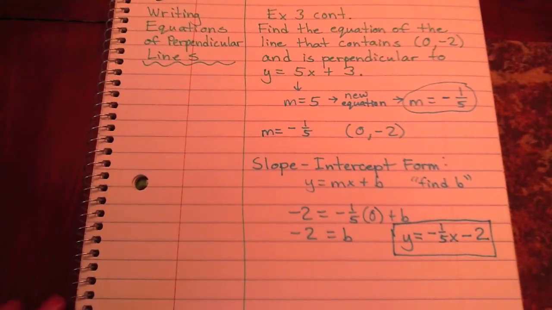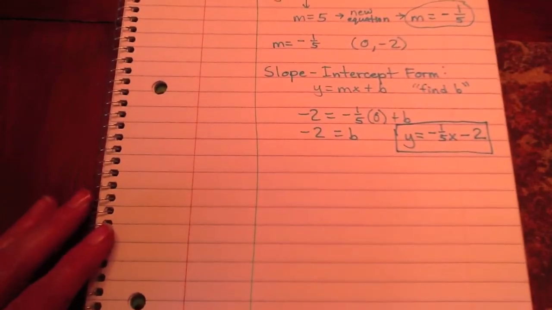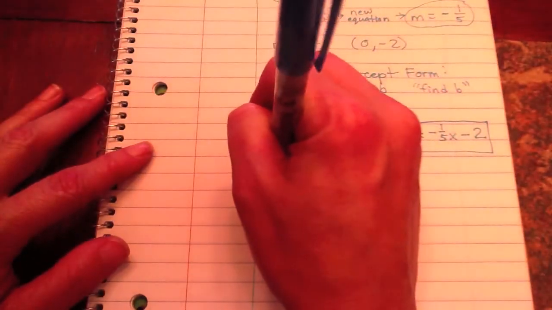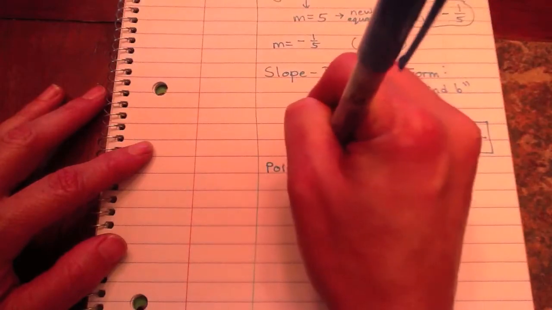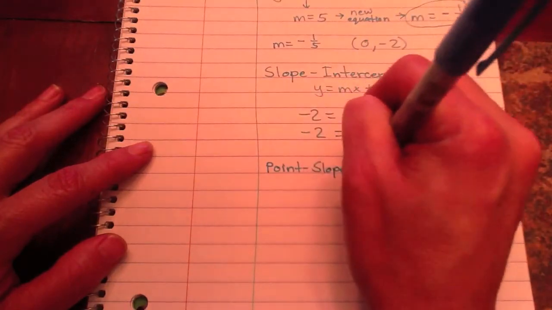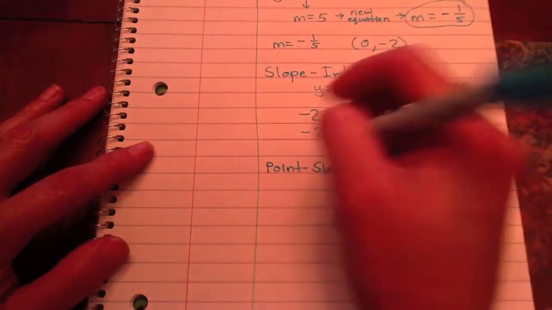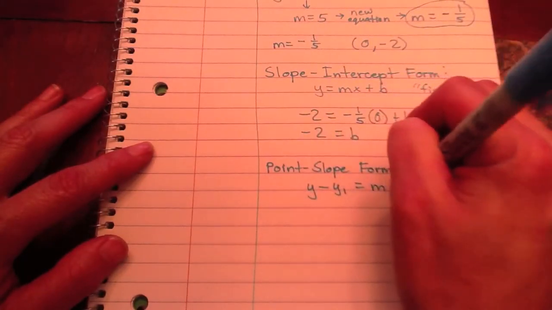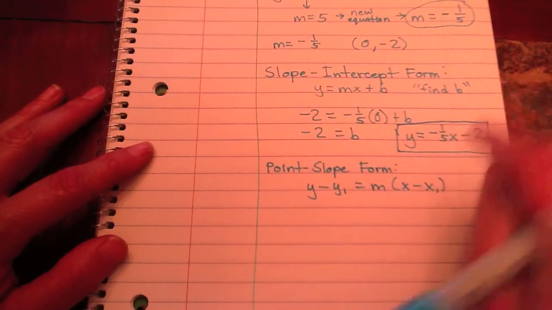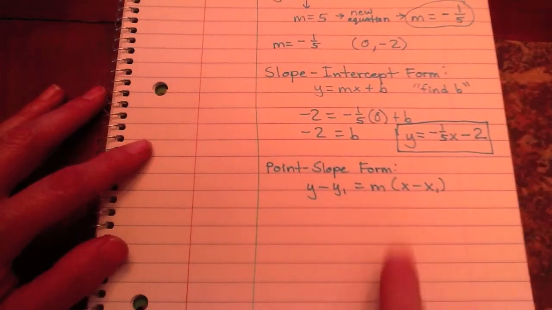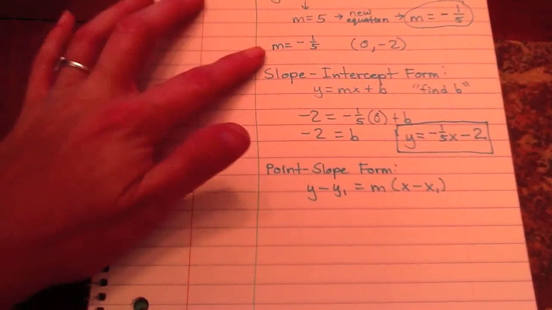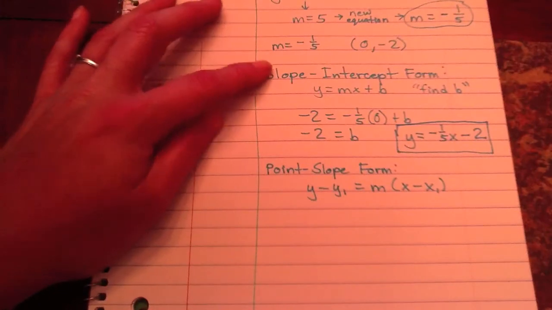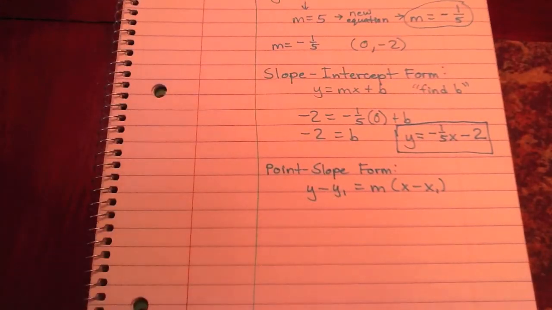Now let's try it using point-slope form. So we're looking at y minus y1 equals m times x minus x1. And we're filling in the y1, the x1, and the m. M is negative 1/5. Y is negative 2. Be careful when you go to plug that in there.